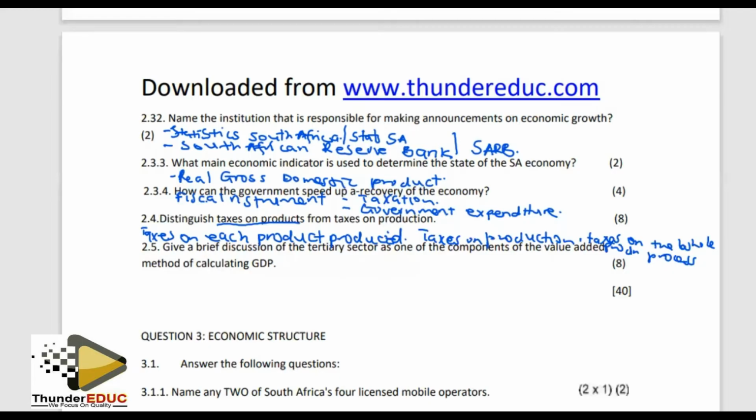For example, taxes on a product may include VAT, excise duty, taxes on sale, etc. But when we talk about taxes on production, this could be company tax, which is charged on every business.